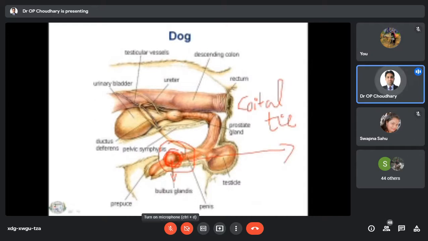In the dog and bitch, this condition is called coital tie. When the dog relaxes, the blood circulation will be normal, so the bulbus glandis will return to its position. Then the male and female will be separated.